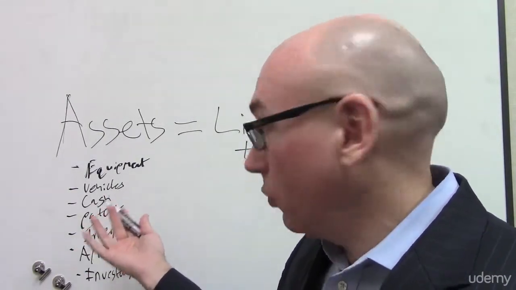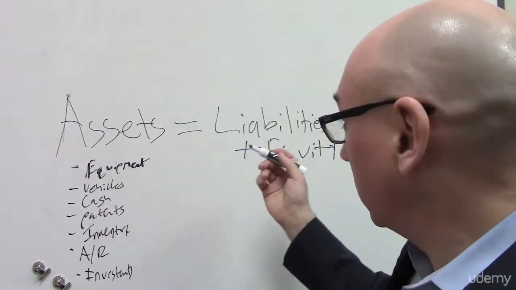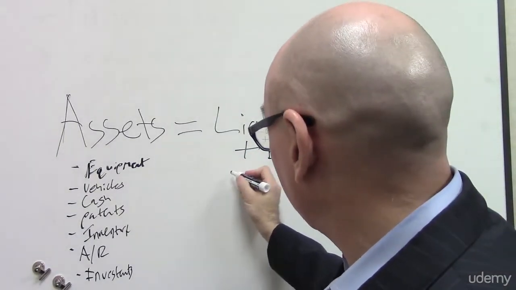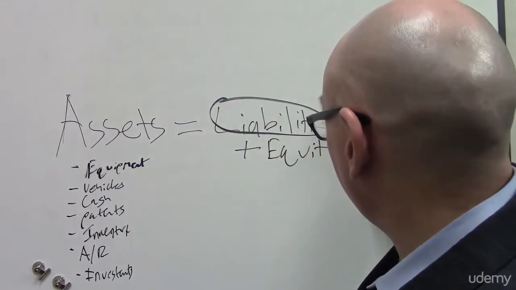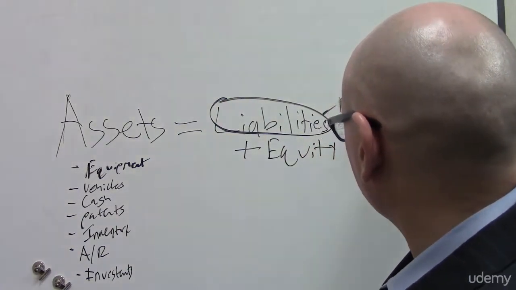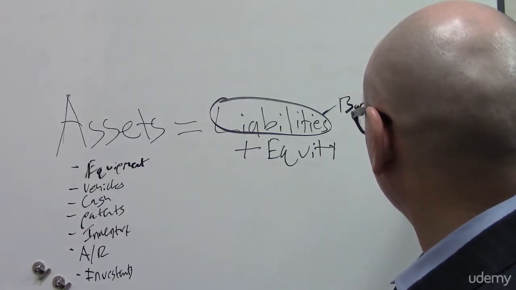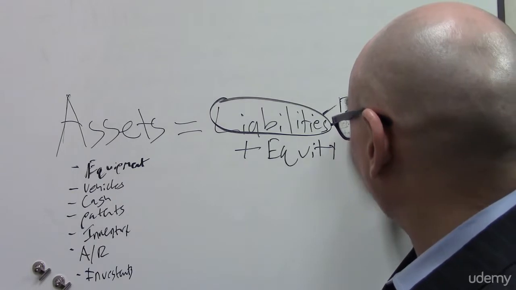Who owns it? Well, the people who own it are the people who have claims on it. We have liabilities right here, and this is banks for notes payable. We have creditors.